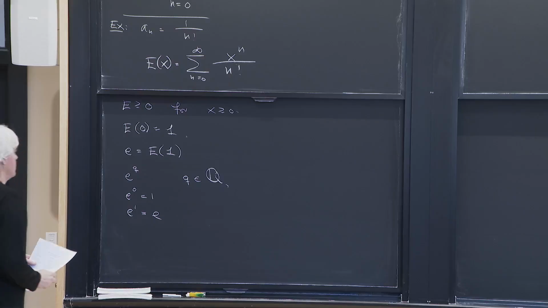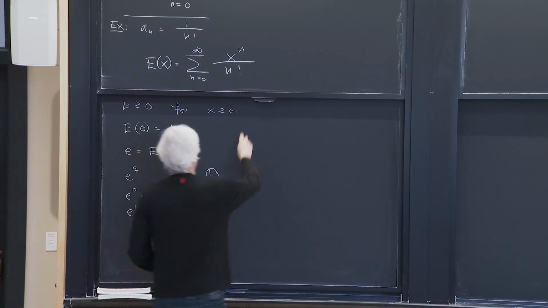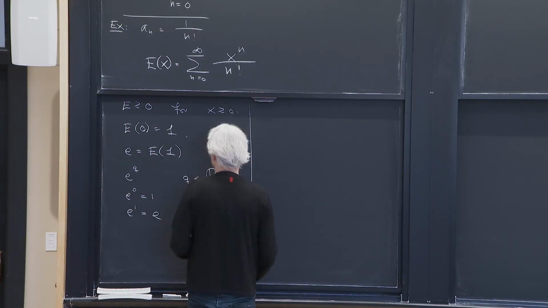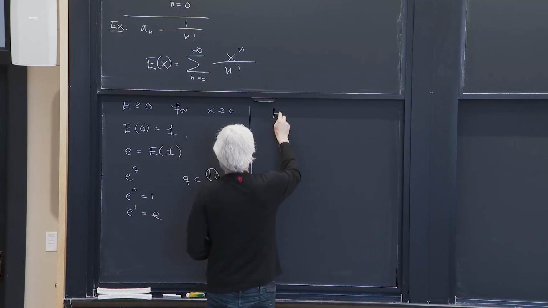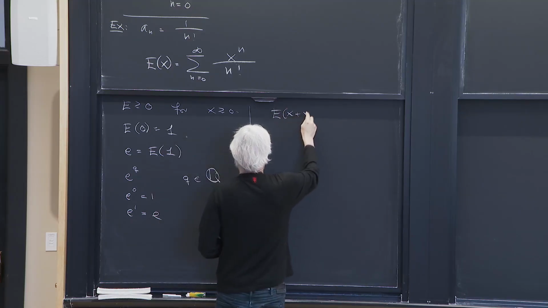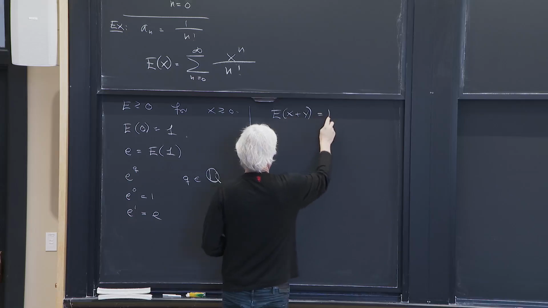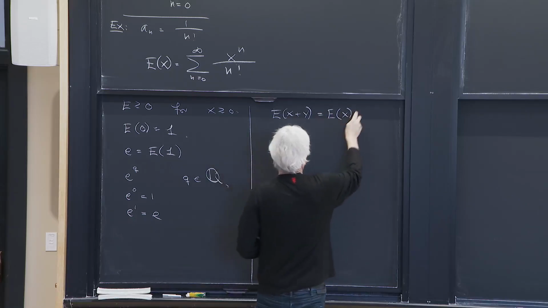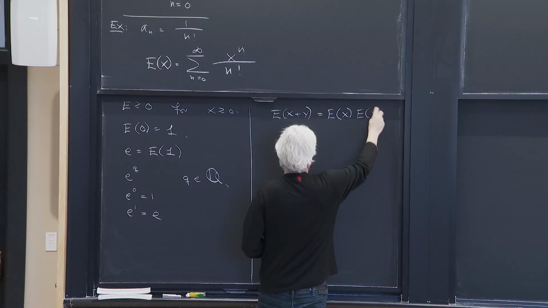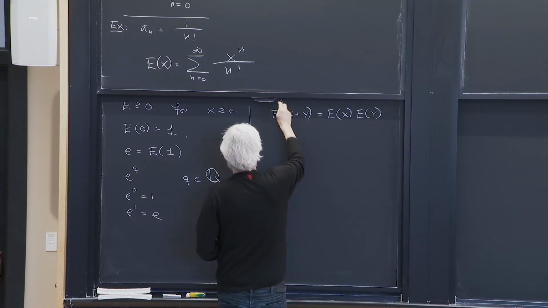And then we assumed, which we will prove today, that E of x plus y is equal to E of x times E of y. So we assume that.